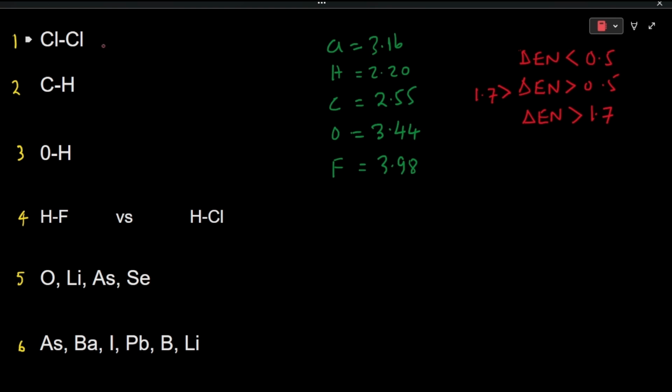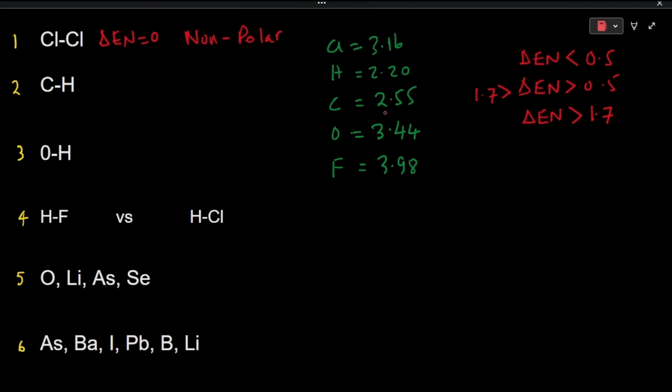Now, we have a chlorine to chlorine bond, which is a molecule involving the same atoms. So we have a difference in their electronegativity values as 0. So we have a non-polar covalent bond for a chlorine to chlorine bond, and it so applies to all diatomics when it involves the same atom having the same electronegativity value.